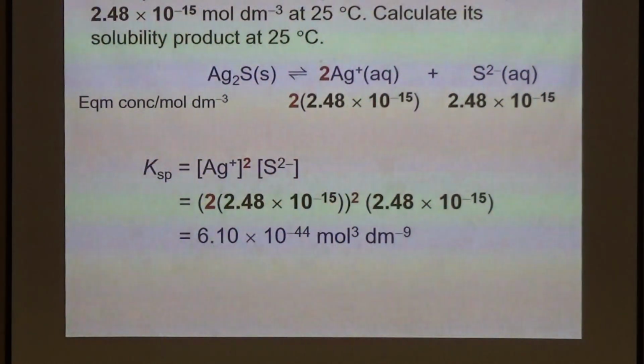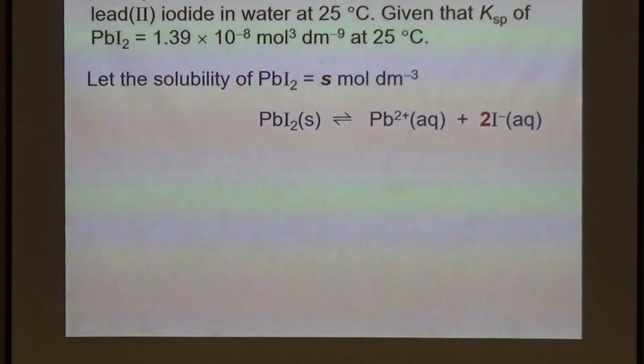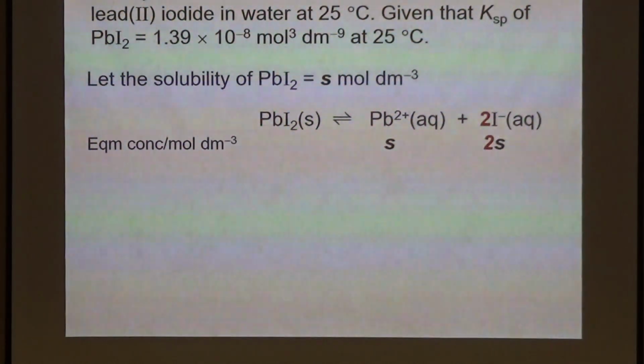Now let's look at the next one, where you are given the KSP and they ask you to calculate the solubility. So here the solubility is unknown. So you assign an unknown S or whatever letter you want. You write an equilibrium: for Pb2 plus you get S, for I minus you get 2S, because when PbI2 dissolves, it produces 2 iodide.